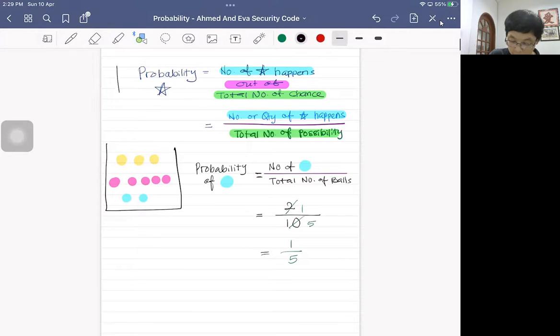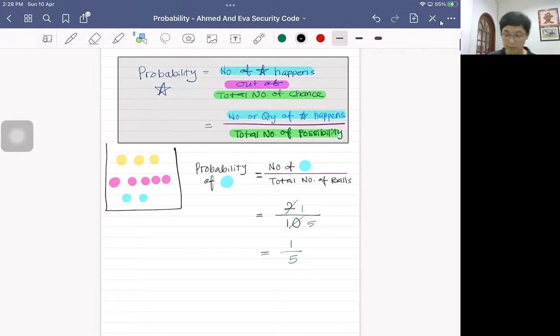Let me box that out for all of us to focus on. Yes, so that is the probability. That means the number of whatever things that happen divided by the total number of chances available for us.